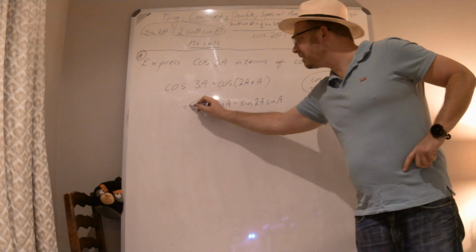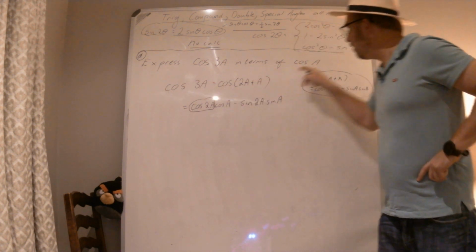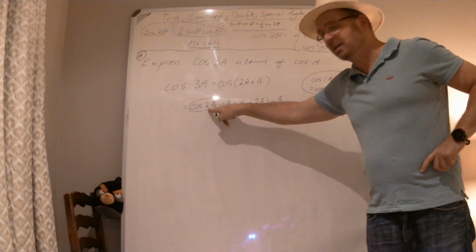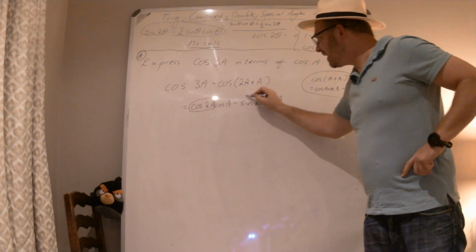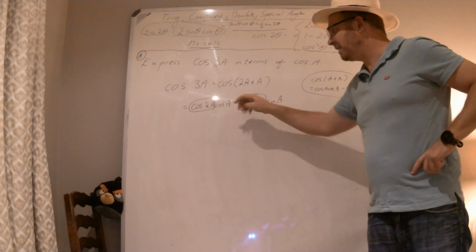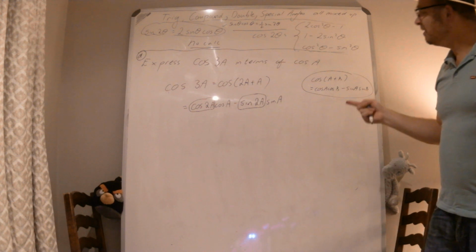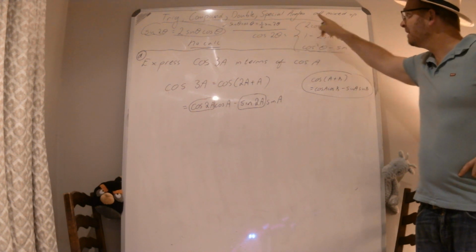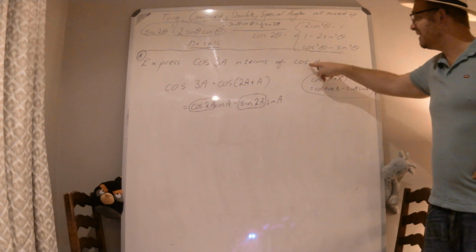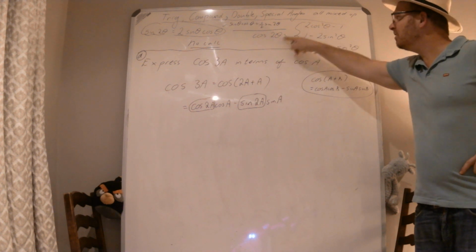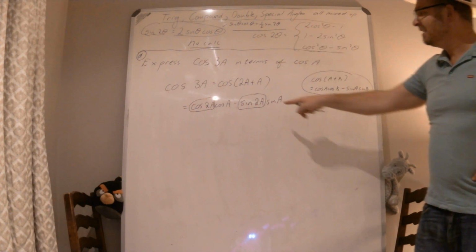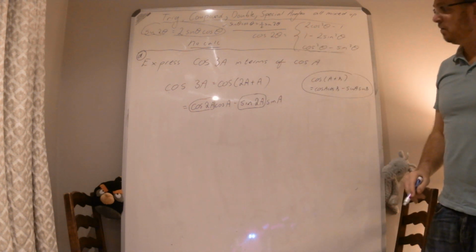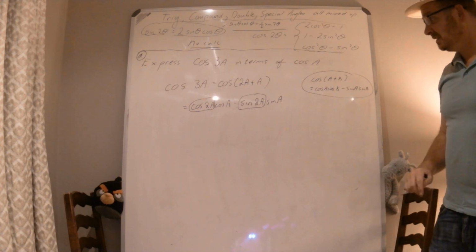The next problem is it says express in terms of cos a, and there's cos 2a. So I've got to get rid of that cos 2a, and I've got to get rid of that sin 2a. Now, you've got a choice for cos 2 theta. Three things, but the question said get in terms of cos a, so you're going to use that formula over there. Sin 2a is only one choice. Go get rid of your double angles. Try that.